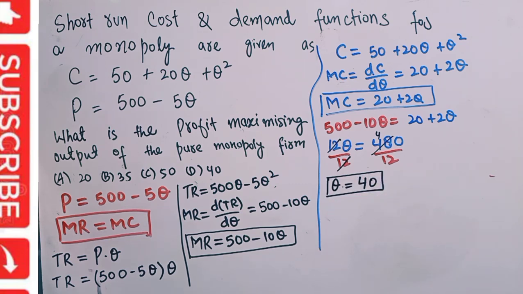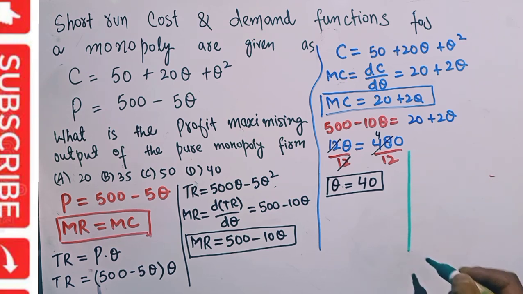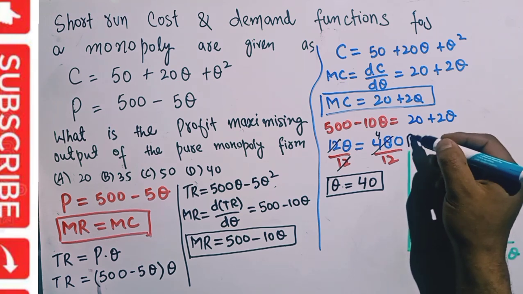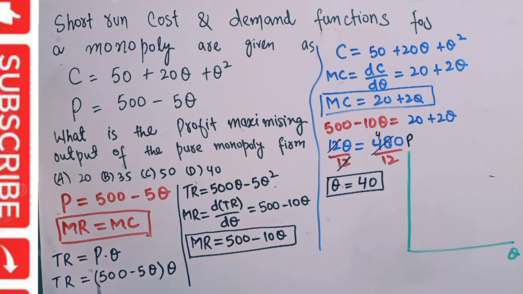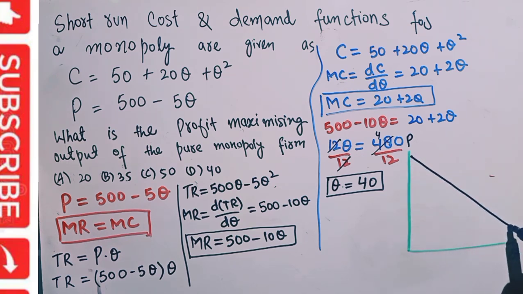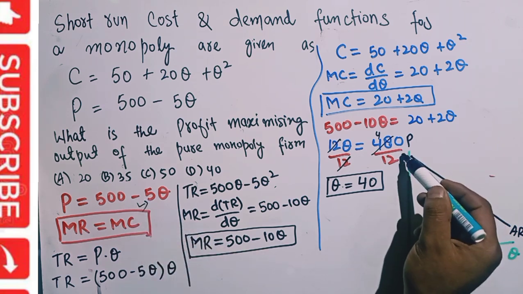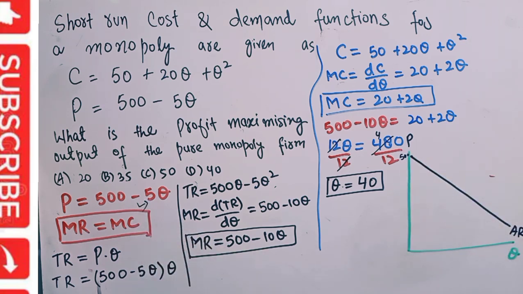Now if I want to show it on the graph, let's be specific here. So we have quantity on the horizontal axis and price on the vertical axis. This is the demand function, that is average revenue function, that is the inverse demand function. Its intercept is 500.